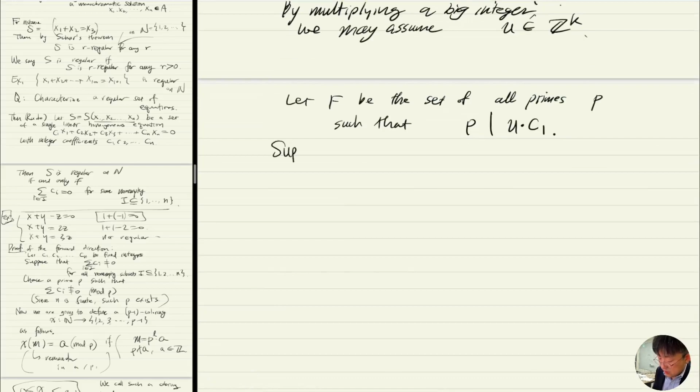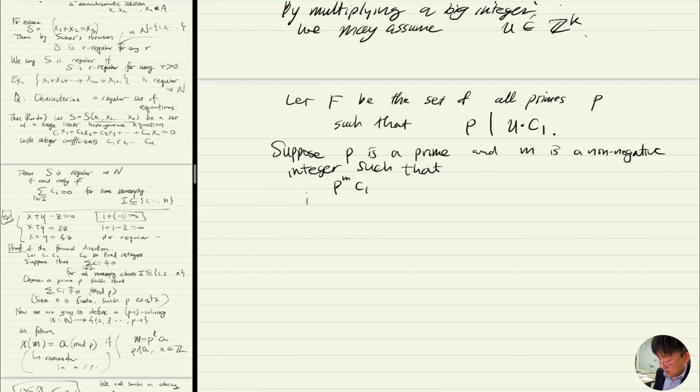Now, suppose p is a prime and m is a non-negative integer such that p to the m times C1 is a linear combination of C2, C3 up to Cj modulo p to the m plus 1.